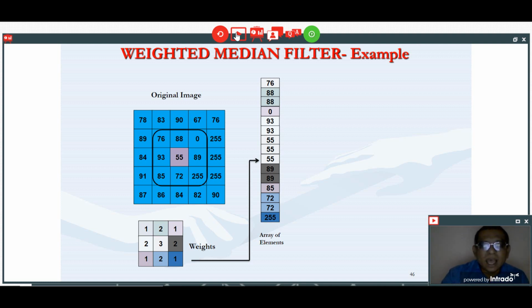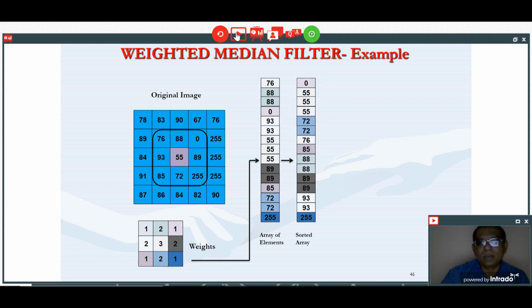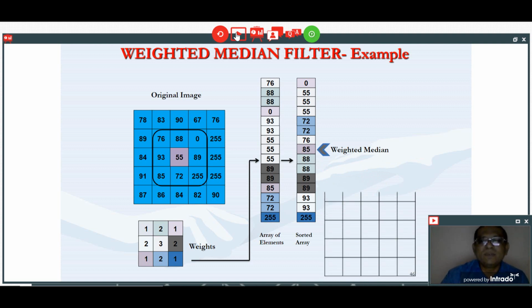Now we are arranging this array of elements, doing the sorting operation, that means arranging it either in ascending order or in descending order. Then the next process naturally is to find the median value, and this 55 will be replaced by the median value, which is 85. This is the illustration for the weighted median filter. Now the challenge is how to choose the weight.